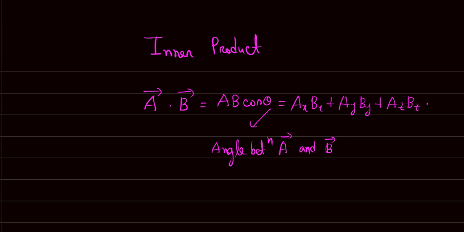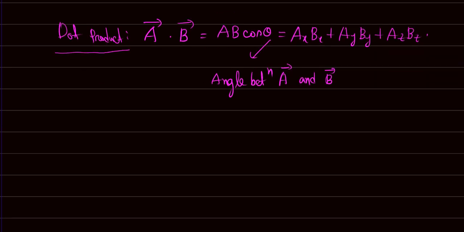First we want to know why the dot product is necessary. The dot product is necessary because it can give us the length and angle of vectors. If we do A dot A, we get ax square plus ay square plus az square.